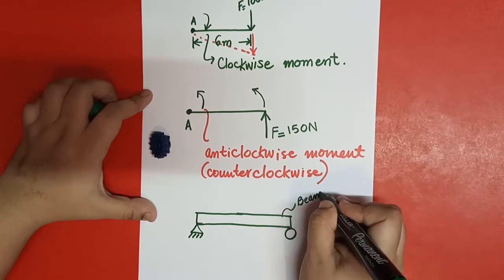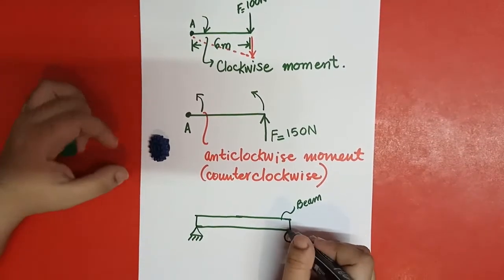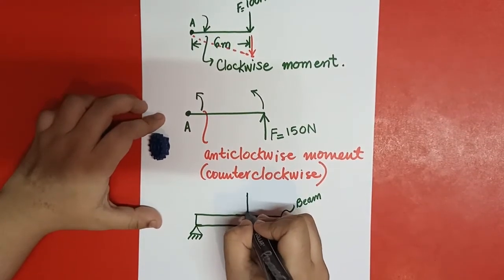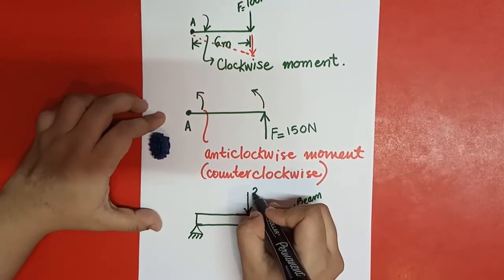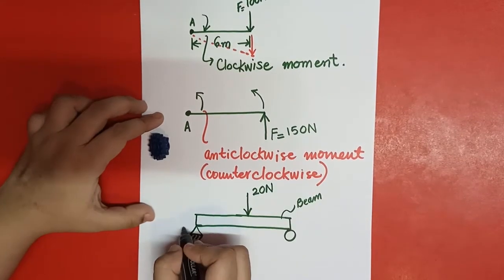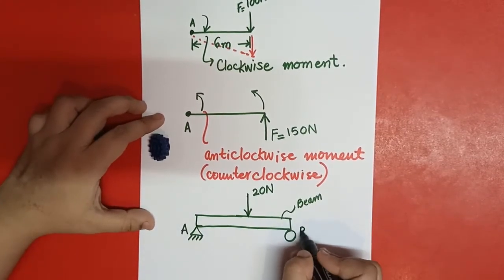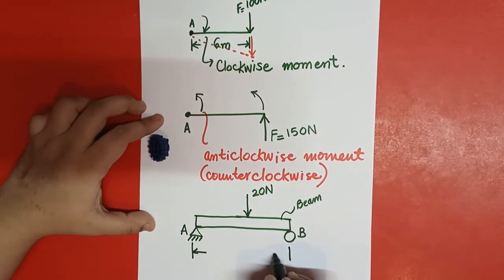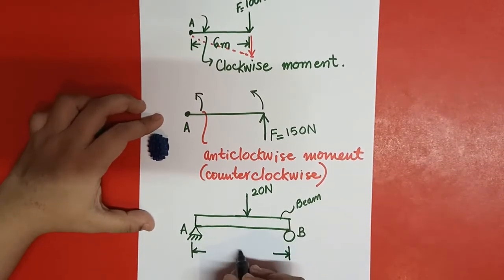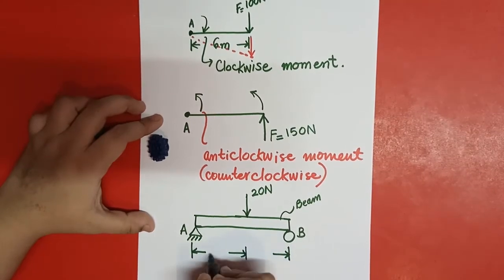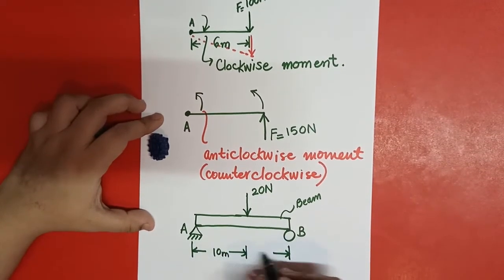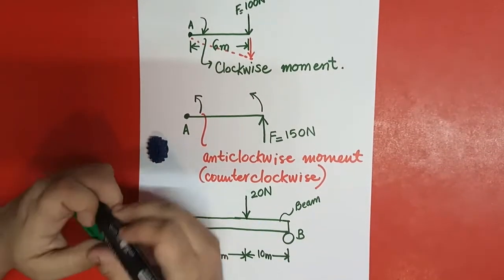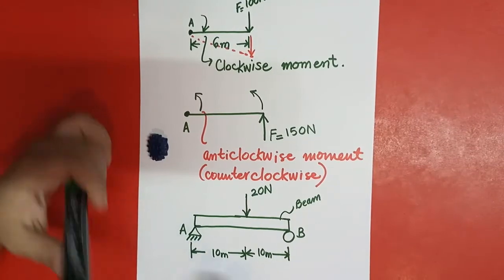Right now we are not concerned with this beam's thickness or its material. The force is applied at the center of this beam. This is 20 Newton. This point is A and this is B, and the length of the beam is total, this is 10 meter, and this one is also 10 meter, so the length of the beam is equal to 20 meter.